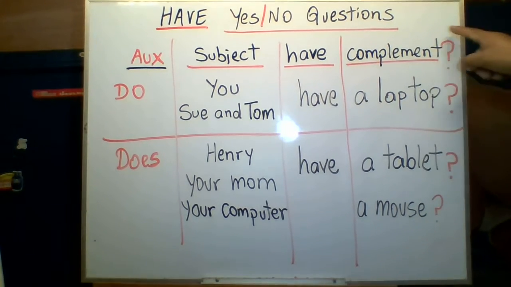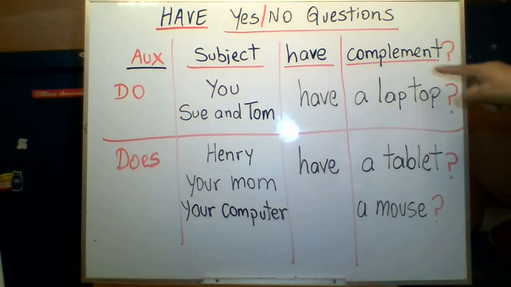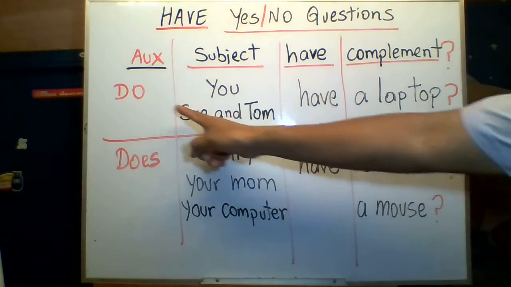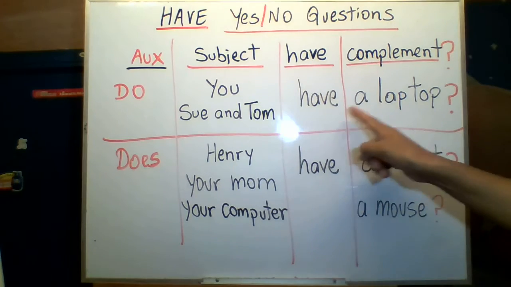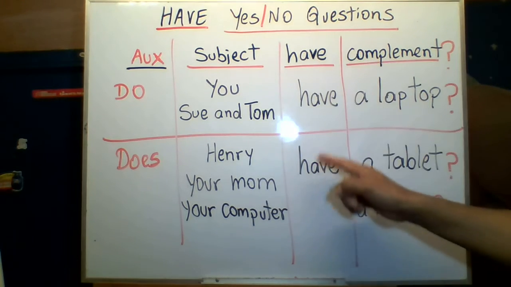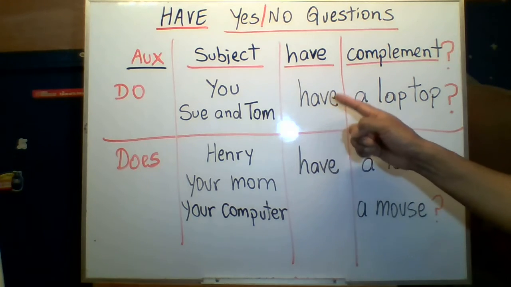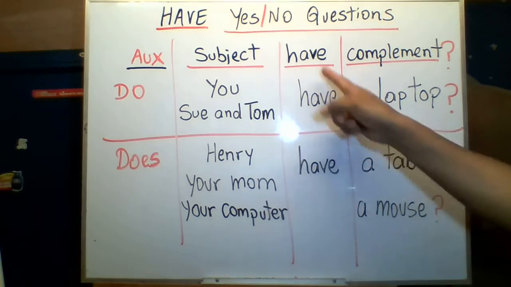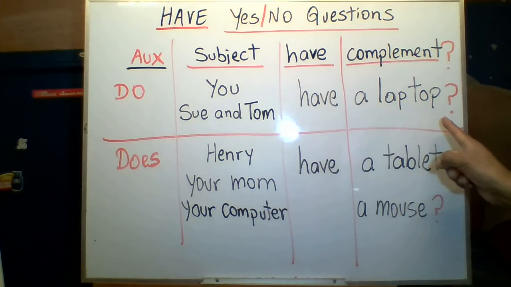And logically, as these are questions, you need a question mark. So, do you have a laptop? Remember, have in this case means tener. Do Sue and Tom have a laptop?